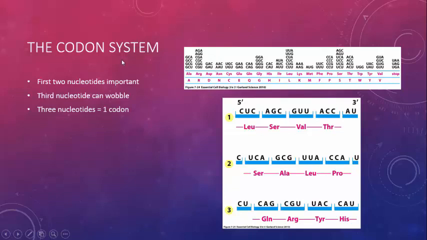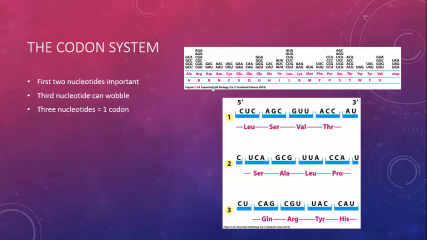This last nucleotide is sometimes referred to as the wobble base, meaning it can be interchanged without changing which amino acid is coded for. These 3 nucleotides, or triplets, form what is known as a codon.